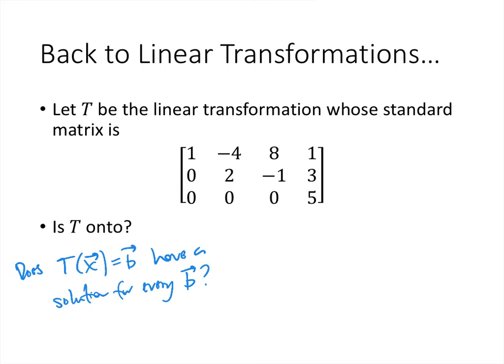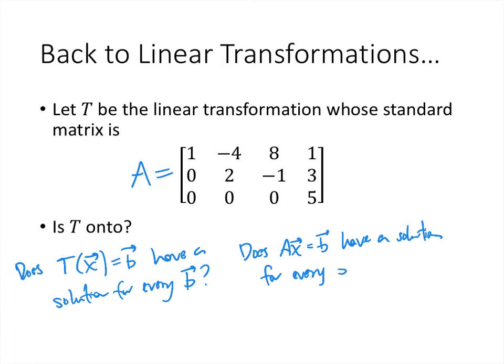Since T of x is really just A times x, if we call this matrix A, what we're really asking is, does Ax equals b have a solution for every b? And we know how to answer that question.